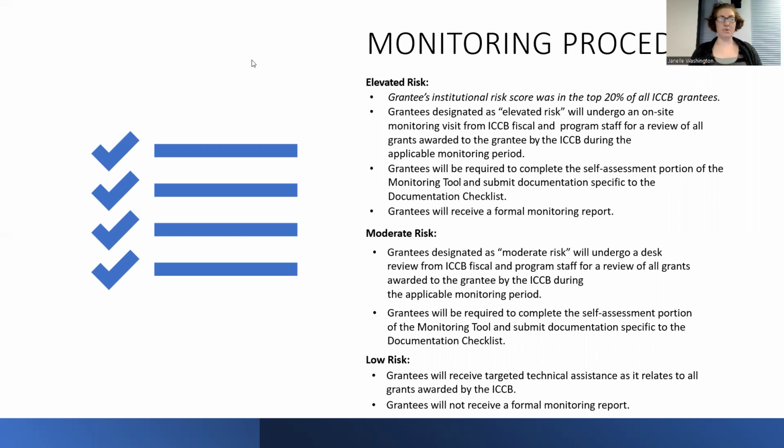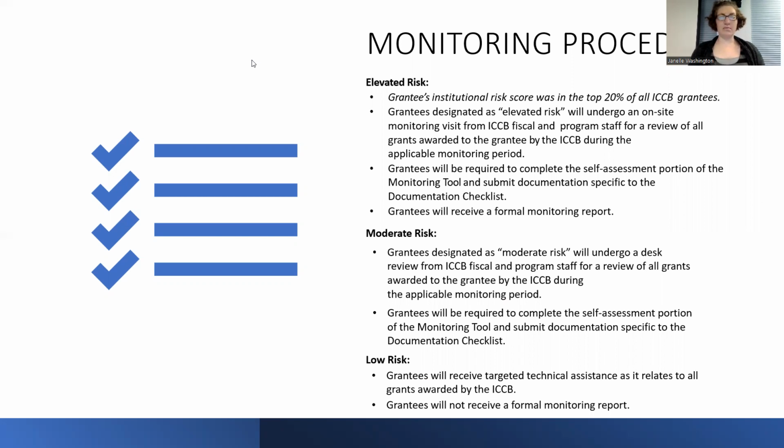Grantees are required to complete a self-assessment portion of the monitoring tool and submit documentation specific to the documentation checklist. They will receive a formal monitoring report if they are in the elevated risk category.